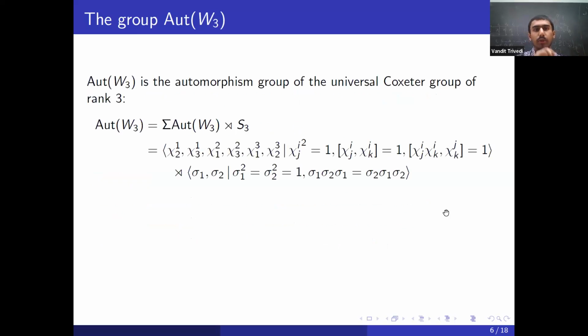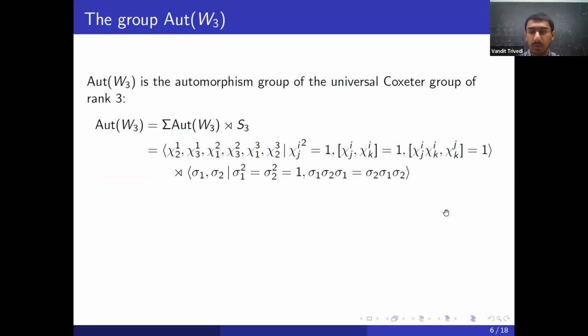And finally, Aut W3 can be thought of as the symmetric automorphisms of W3 semi-direct product S3. So obviously we can permute the generators, and so that's where we get the S3 from. And then the symmetric automorphisms are those generated by the partial conjugations, where one generator of W3 conjugates another.